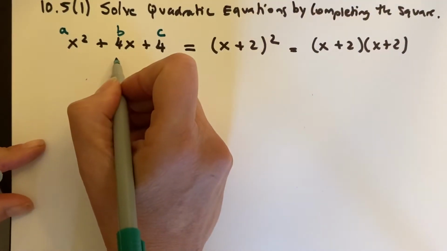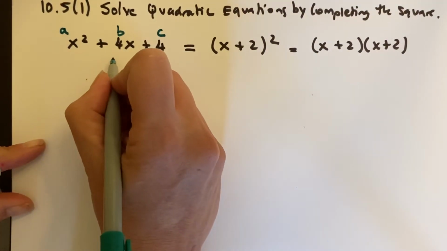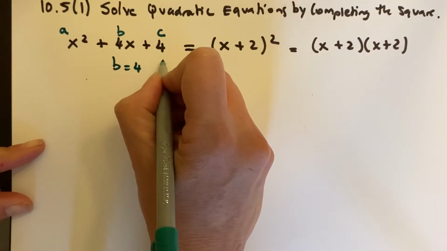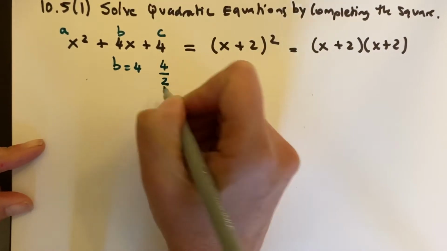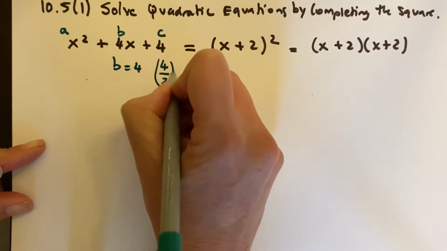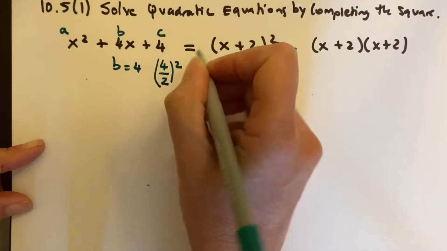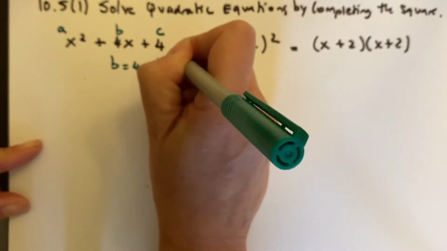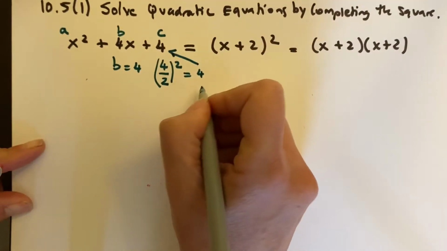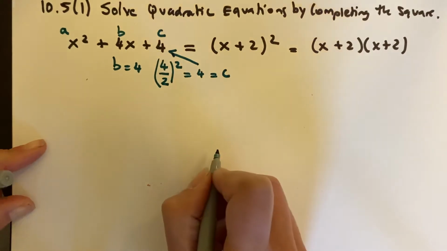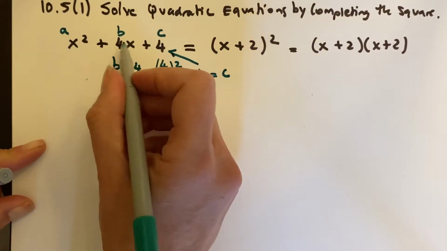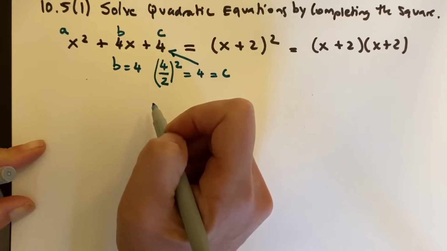So here, taking the number 4, so b equals 4, if I divide 4 by 2 and I square it, I get 4. Well, 4 is actually the value for c. So I can take my b value and get a c value.